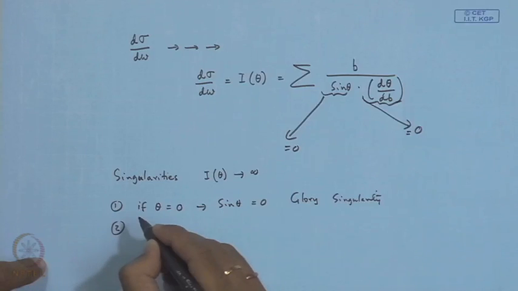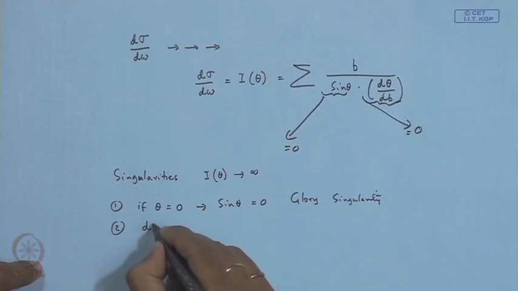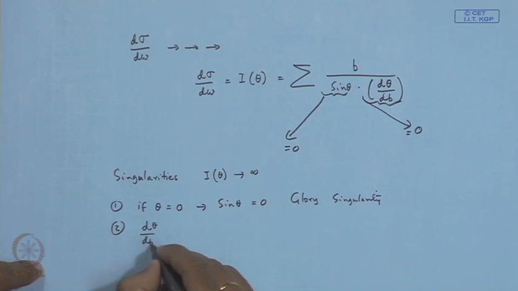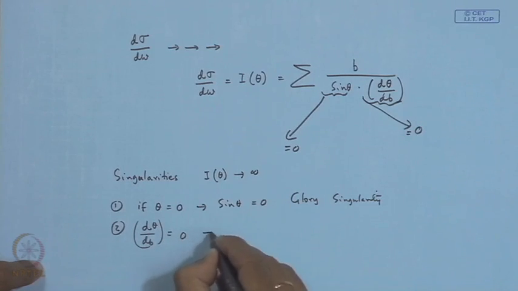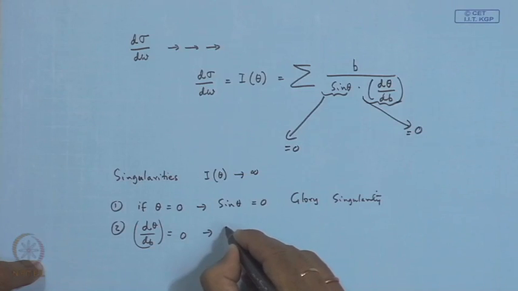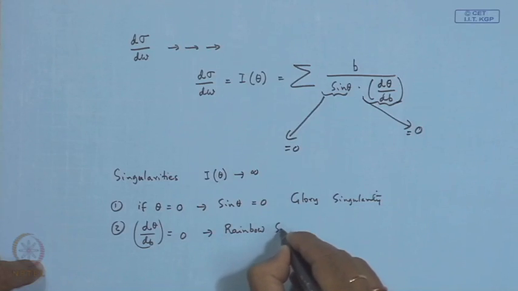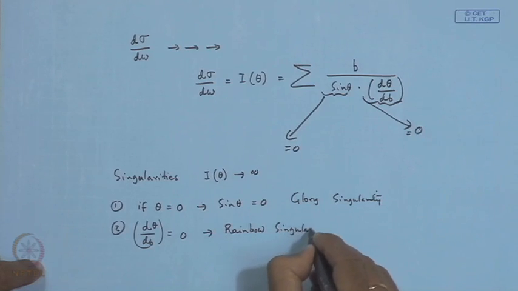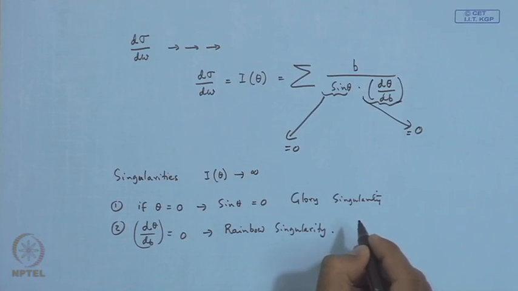And number 2, the other one, if d theta dB is equal to 0, that is called the rainbow singularity. Okay.